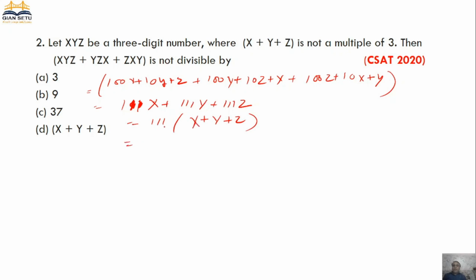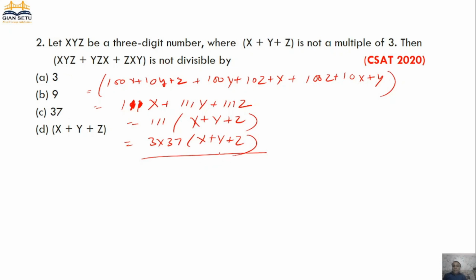Now the factors of 111 are 3 into 37, and now we can also say that this is a multiple of 3, 37 and x plus y plus z. So this number will be divisible by 3, 37 and x plus y plus z.